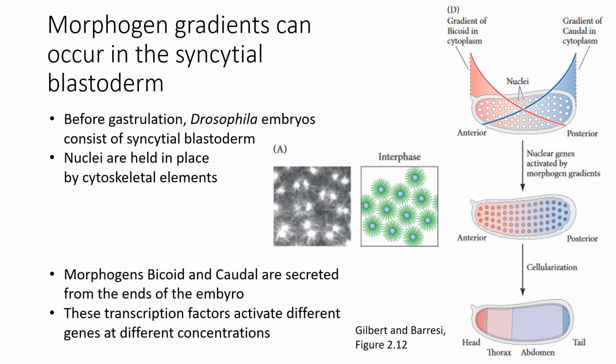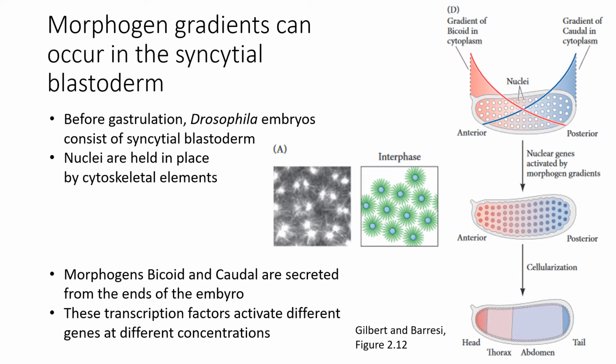Now, because the nuclei aren't constantly floating freely around in the embryo, this means that the nuclei can experience different concentrations of morphogens when those morphogens diffuse from a point source. If they were all floating around all the time, then the morphogen gradient wouldn't be able to be established because the amount of morphogen each nucleus would encounter would be completely random.